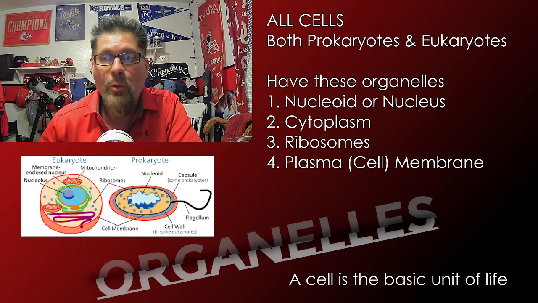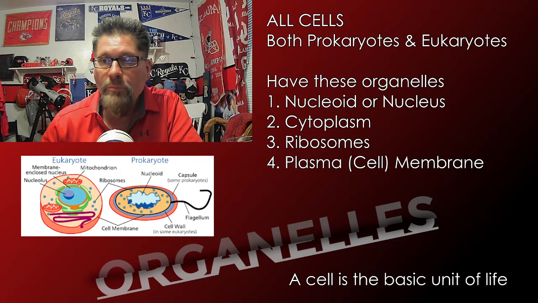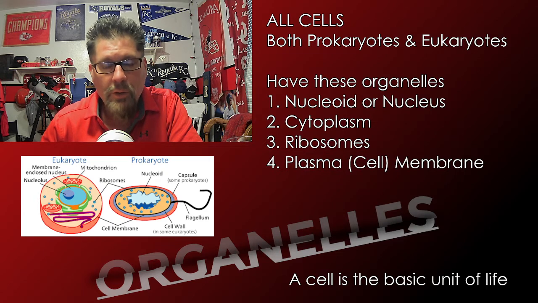But one thing we do want to establish is that there are some things that all cells, prokaryotic and eukaryotic, have. Those four you can see listed there beside me. They either have a nucleoid or a nucleus, something that contains the chromosomes.